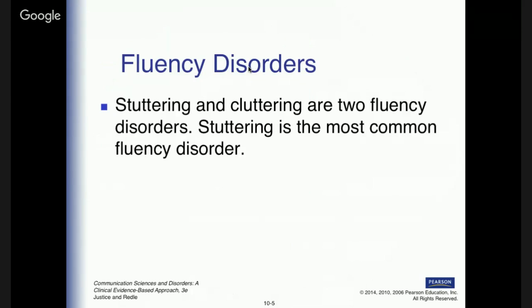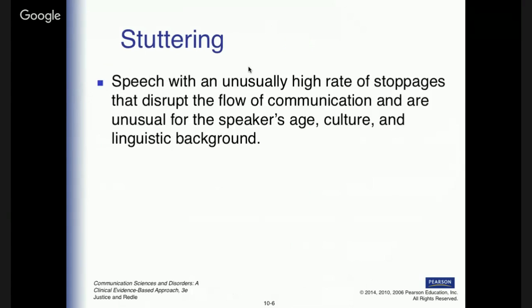All right, fluency disorders. Stuttering and cluttering are the most common fluency disorders, and the ones we'll talk about, mostly stuttering, because it's the most common fluency disorder. Stuttering is speech with an unusually high rate of stoppages that disrupt the flow of communication and which are unusual for the speaker's age, culture, and linguistic background. It impacts fluency and timing patterns.